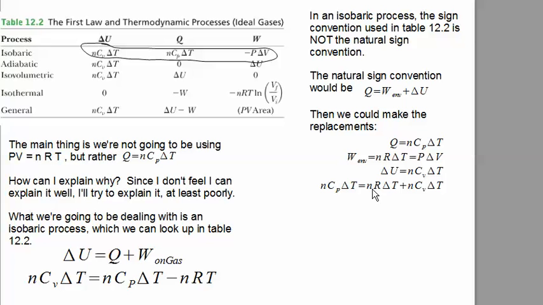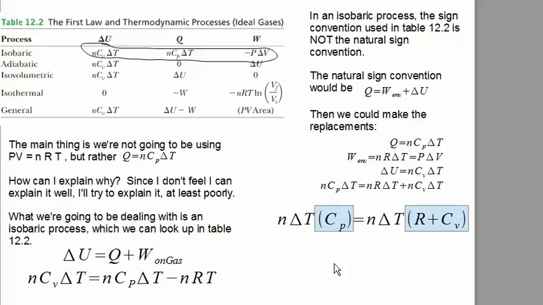The reason I like this a little bit better is it can be factored out to make this relationship between the specific heat at constant pressure and the specific heat at constant volume plus the ideal gas constant clear.